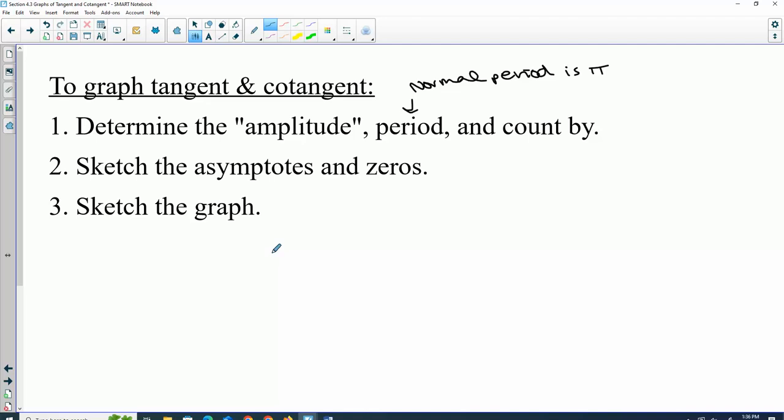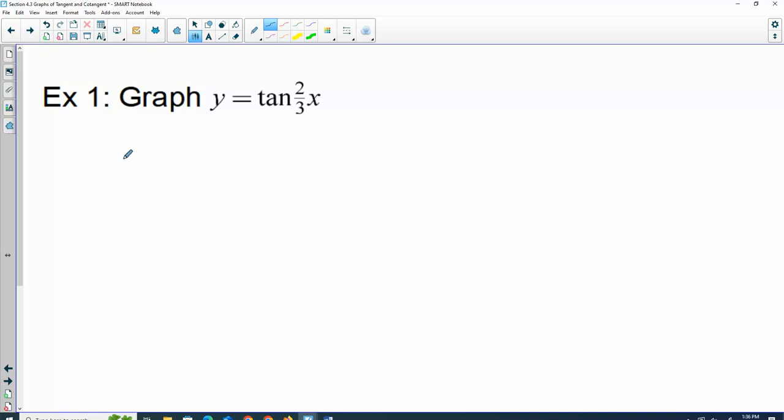So very similar process to sine and cosine, but in general those graphs look a little bit different. We're just going to practice some.